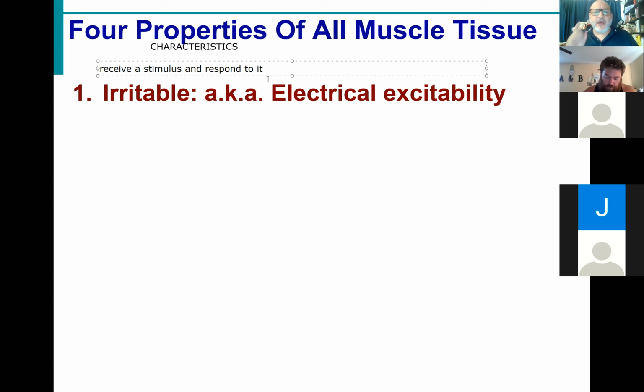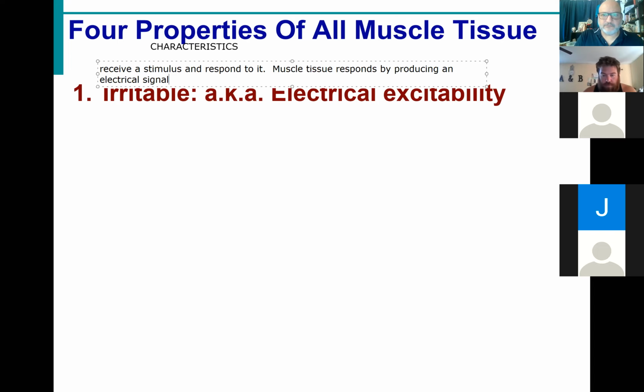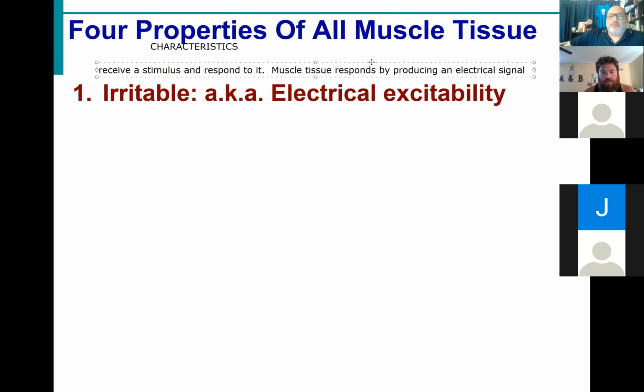Now, in particular, muscle tissue responds by producing an electrical signal. So because it responds by producing an electrical signal, we say it is electrically excitable.